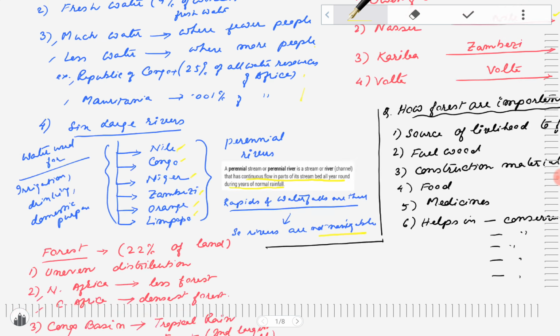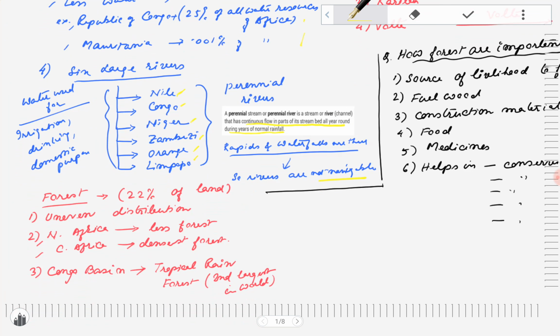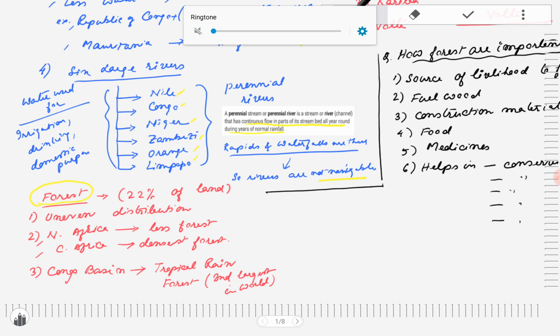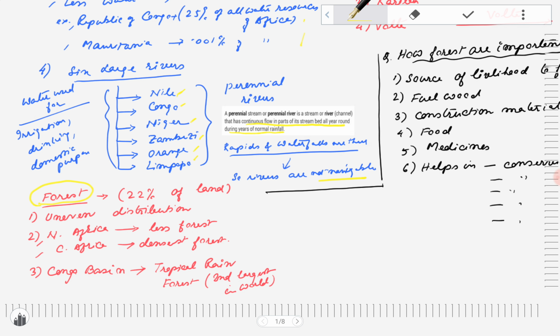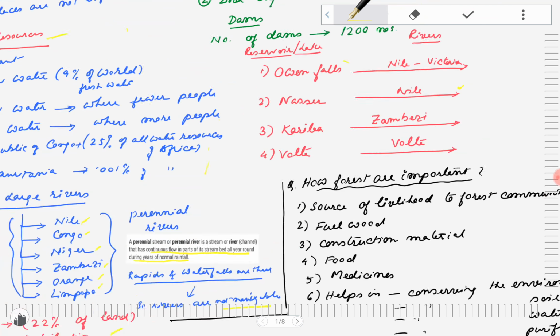Okay, so let us come now to the forests. 22% of the land of Africa is forest. Forests are also uneven. There is very little forest in North Africa, and in Central Africa there is dense forest.